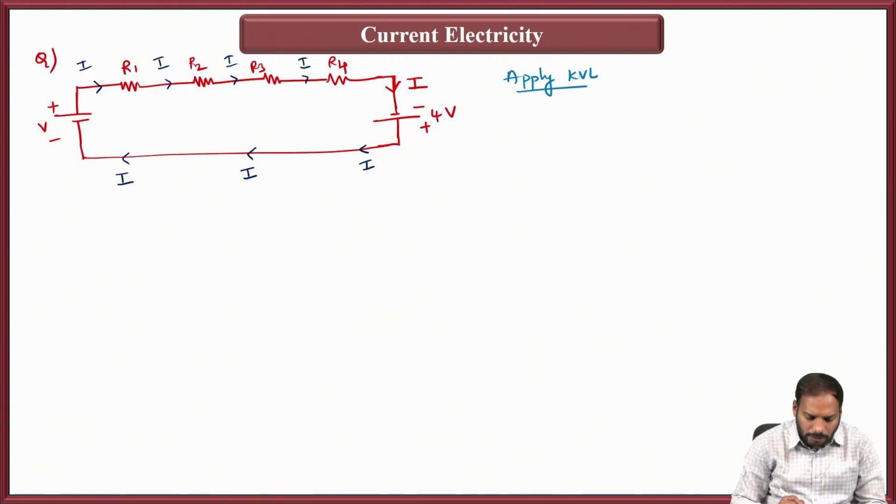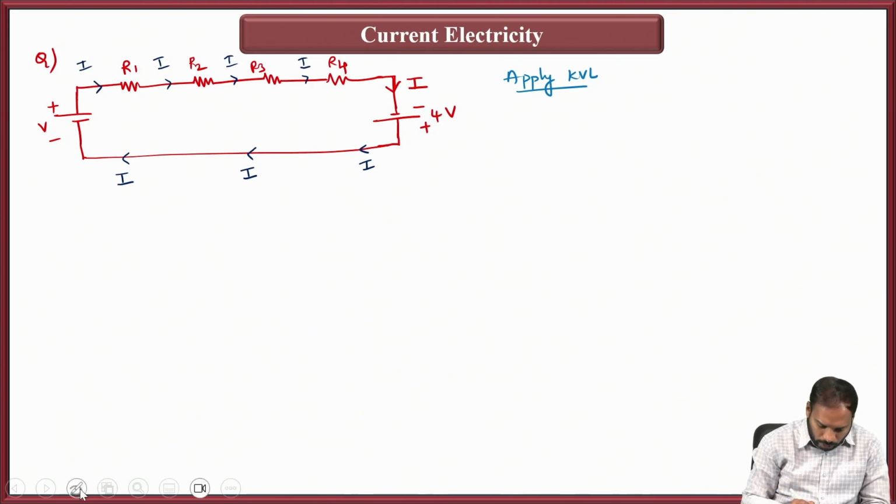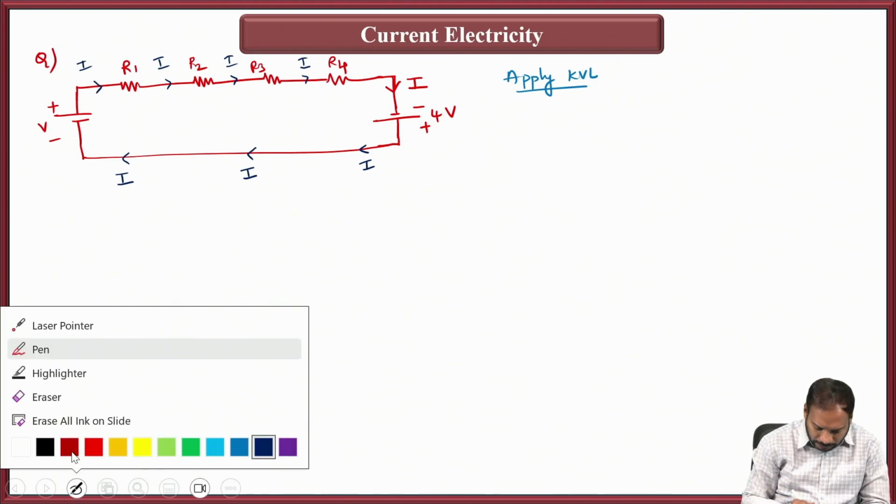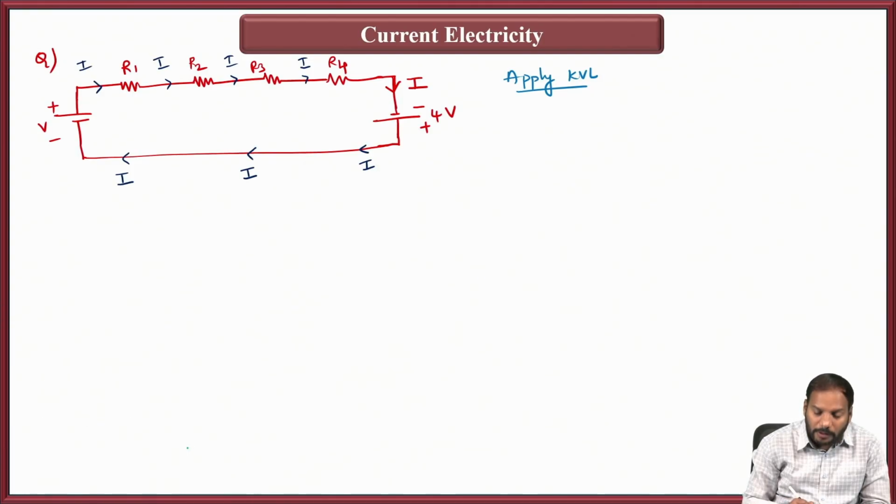Now, the best approach, after keeping the notation for the current flowing in this loop, is this. I will use the green color to apply the KVL.